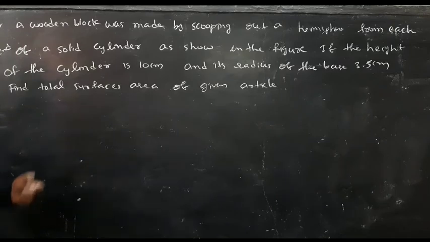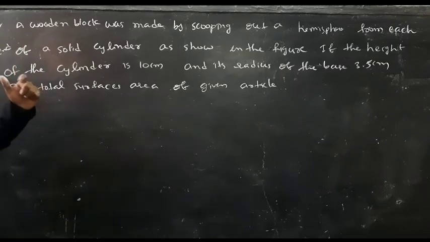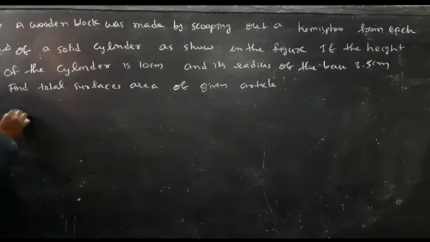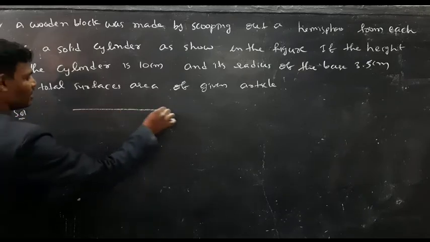A wooden plank was made by scooping out a hemisphere from each end of the cylinder. Solution: here is one cylinder.